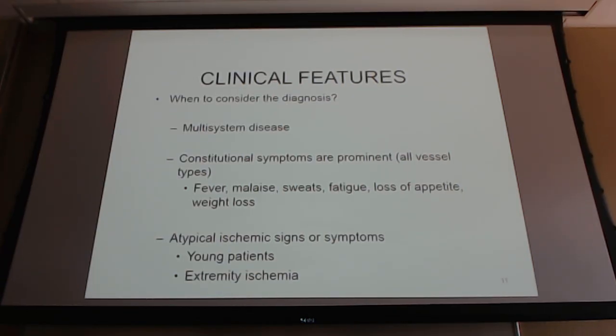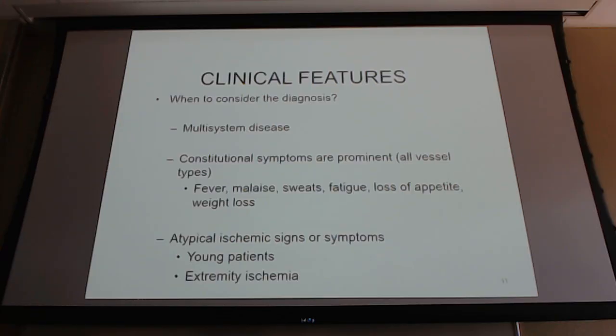So with these clinical features, when to consider the diagnosis: multi-system disease. What is your medical history? What are you on medication-wise right now? What is this for? What is that for? We're getting all of that SOAP note information. Constitutional symptoms: upon presentation, are they feverish, malaise, sweats, fatigue, loss of appetite, weight loss?